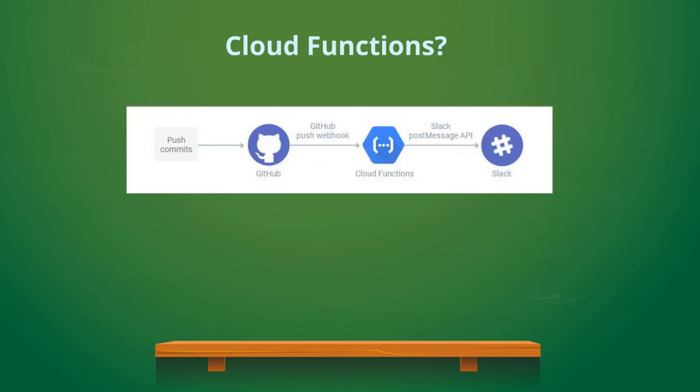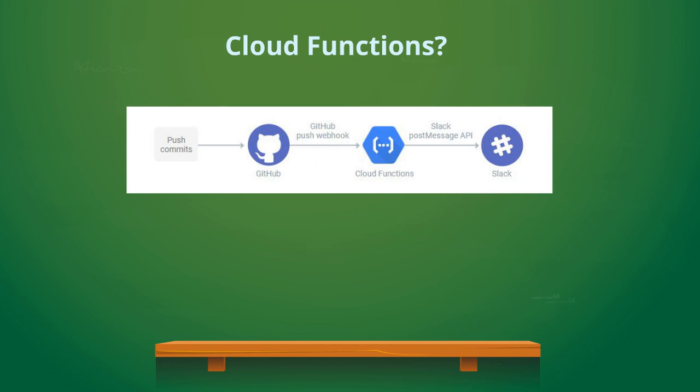The last component that I'm going to talk about is the Google Cloud Function. This component basically uses the serverless architecture for building and connecting cloud services. The idea is you write your simple, single-purpose function, and then you attach that to an event.